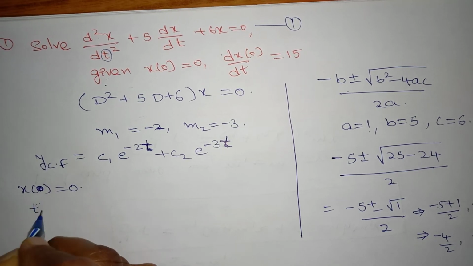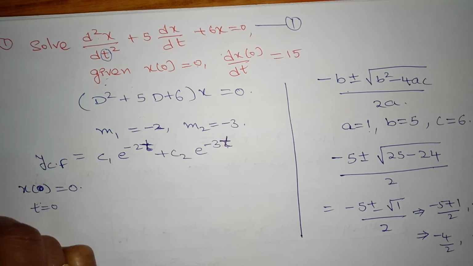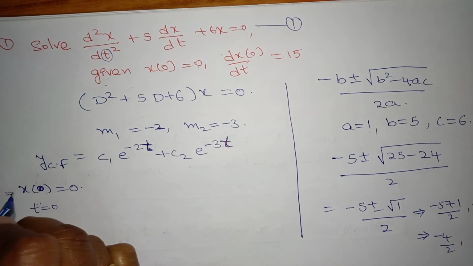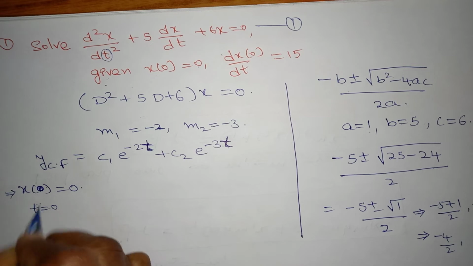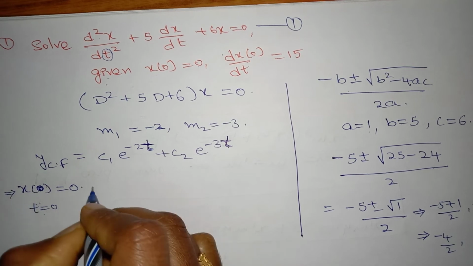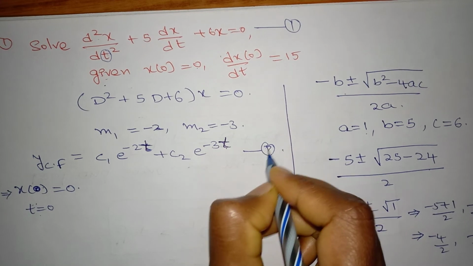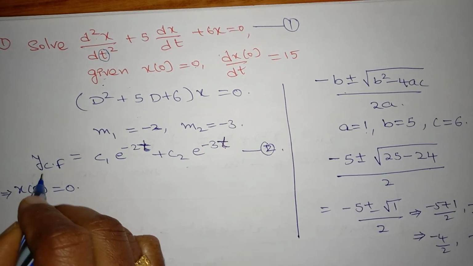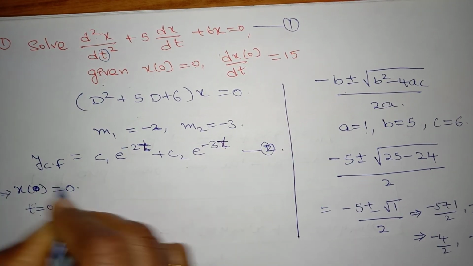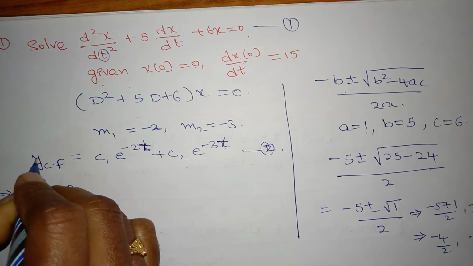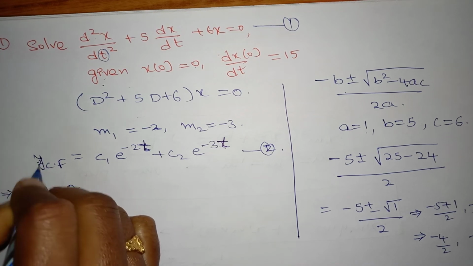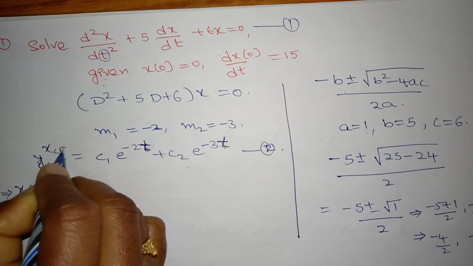Here t is equal to 0, so x of t is x of 0. Now from this equation number 2, here this is x, actually x into CF.